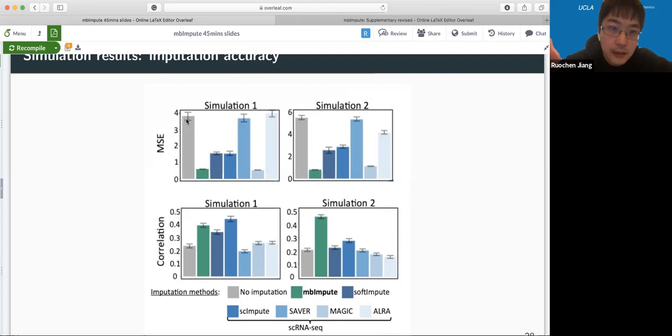Here the MSE for the first method without imputation is around 4, after we perform mbImpute it is around 0.8, and for softImpute it is around 1.5.